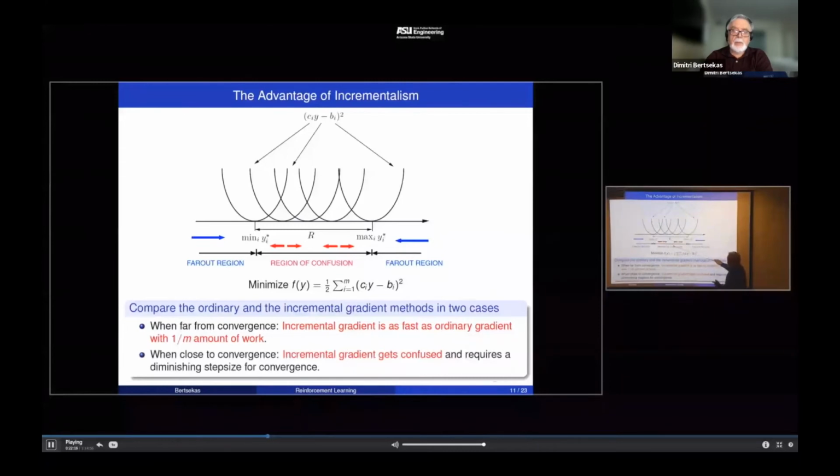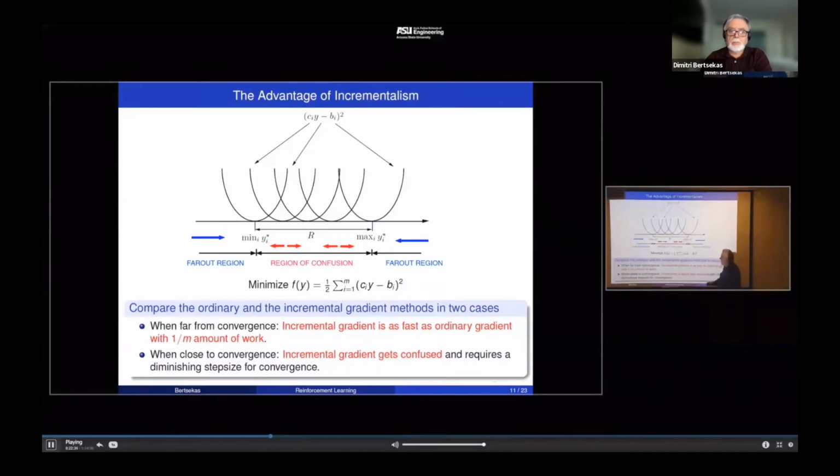And these confused steps would average out, and overall you would be tending towards the correct global minimum. For this you require a step size that also diminishes at the right rate, at the right speed.